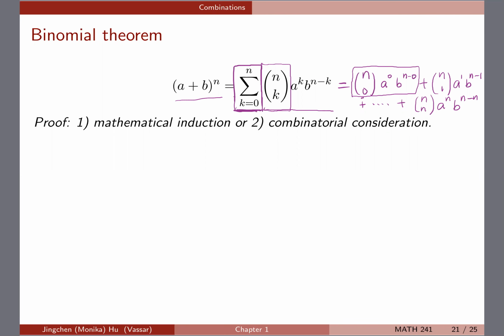When k indicates the power of a, the term for b will have the power n minus k. That's why you have this term after the choose function. The choose function is needed because we need to determine how many possibilities you have of getting a to the power of 0 and b to the power of n minus 0. It's going to be choosing 0 out of n, so there is an n choose 0 in front of it.